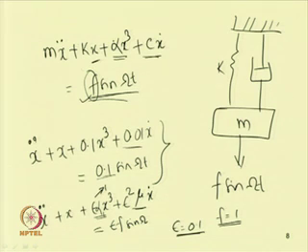If we have some higher nonlinear terms, for example, let us take this equation: x double dot plus x plus a nonlinear term alpha x cube, equal to f sin omega t.